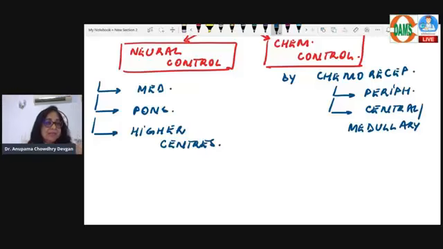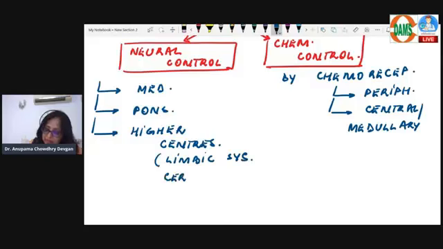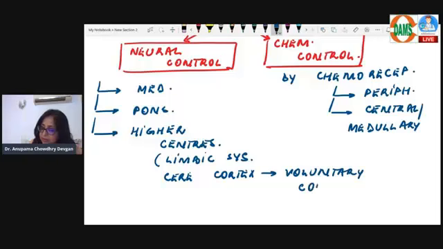Higher centers would include the limbic system and the cerebral cortex. Cerebral cortex is involved in voluntary control of respiration.